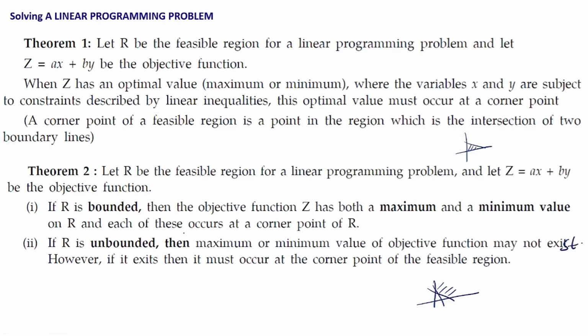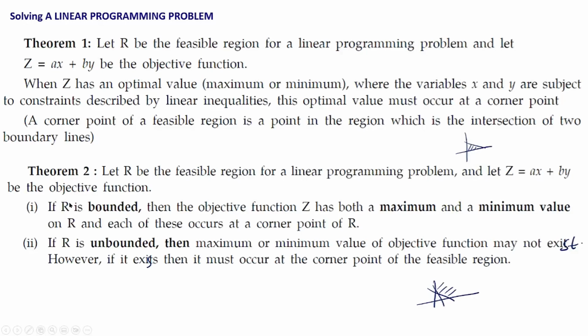If it exists, then it must occur at a corner point of the feasible region. So if R is unbounded, sometimes the maximum or the minimum value may not exist. But if it exists, then it will occur at one of the corner points. That is the next point with respect to theorem 2.